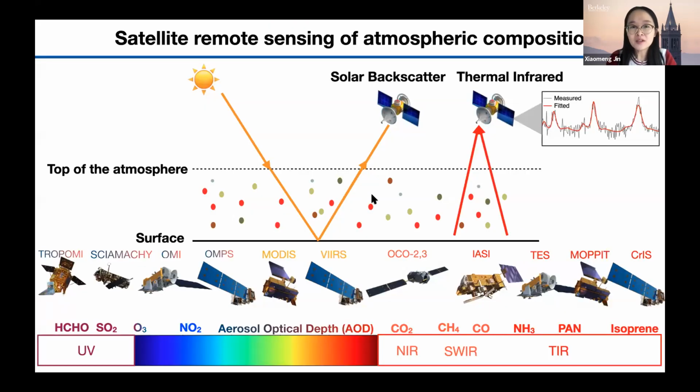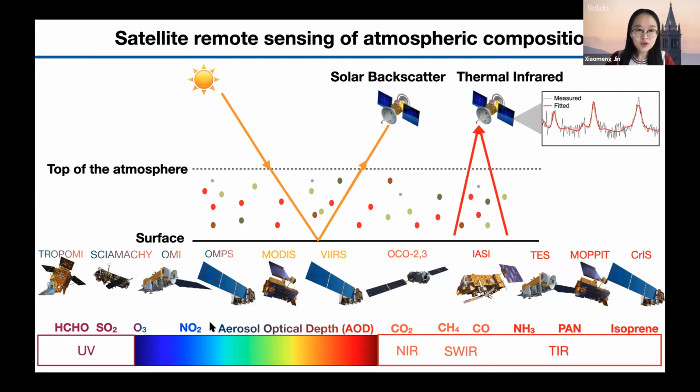The remote sensing of the atmospheric composition relies on observing the backscattered solar radiation or the thermal infrared emissions from the Earth. Basically, the remote sensing of the trace gases relies on observing the spectral signatures of gas absorption. Some gases, such as formaldehyde, SO2, have unique spectral signatures at the UV wavelengths.